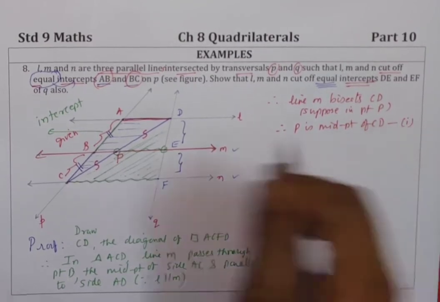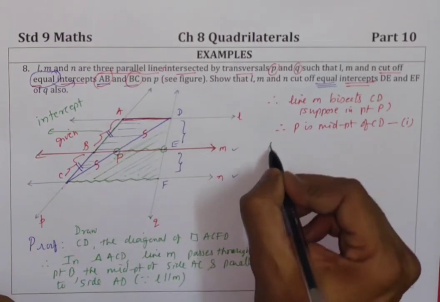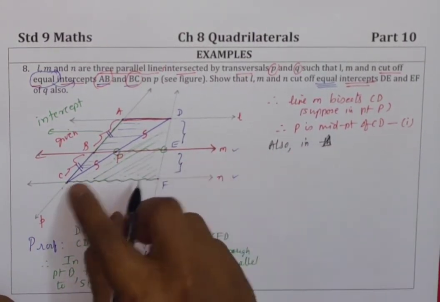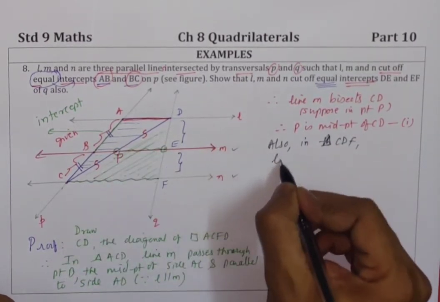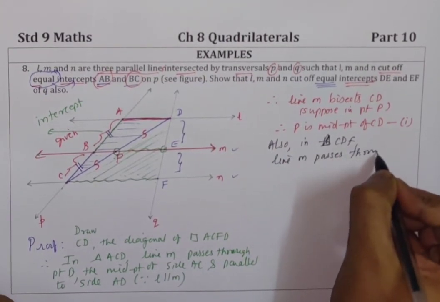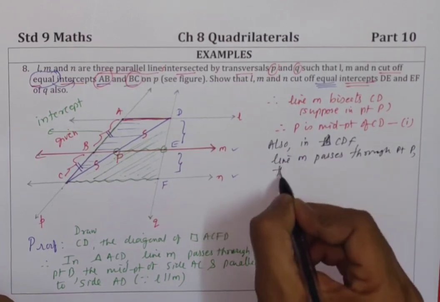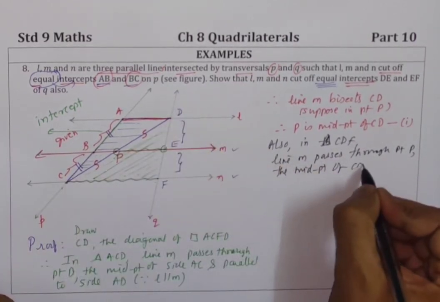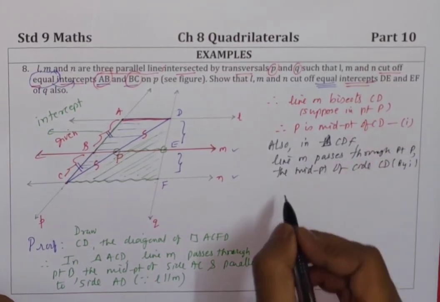Call it result 1. In the same way, now we will pick up triangle CDF. Also, in triangle CDF, line M passes through point P, the midpoint of side CD. You can say by 1. Why its midpoint? By 1.